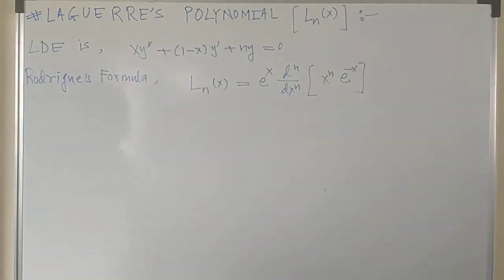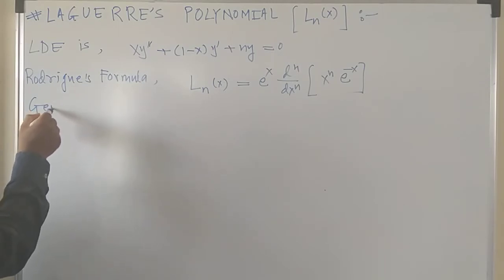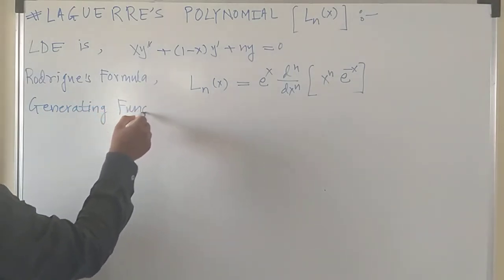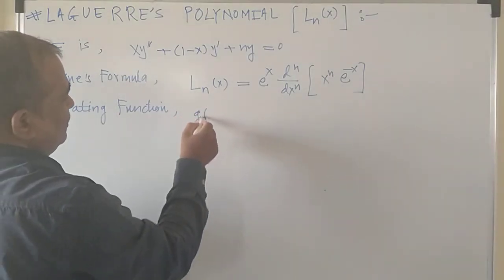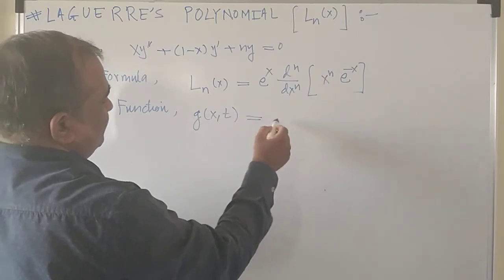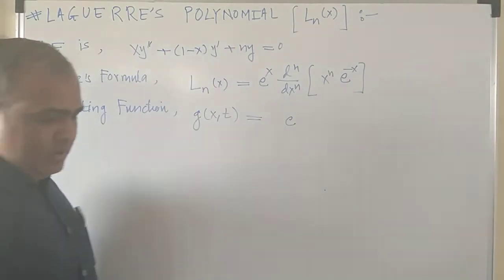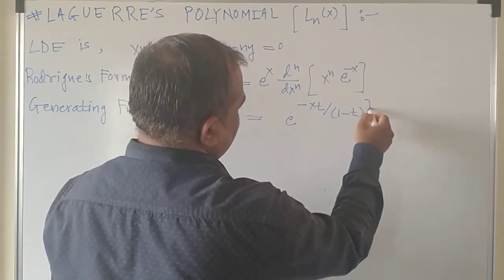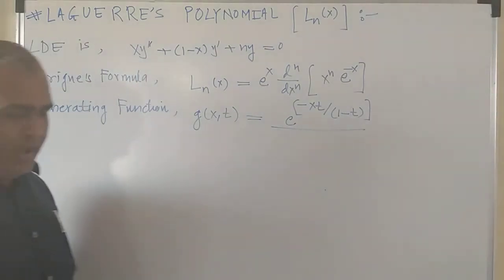So this is the Rodriguez formula for the Laguerre polynomial, and what is left is the generating function. The generating function is denoted by g(x,t), and this equals e raised to minus xt divided by 1 minus t, all divided by 1 minus t.